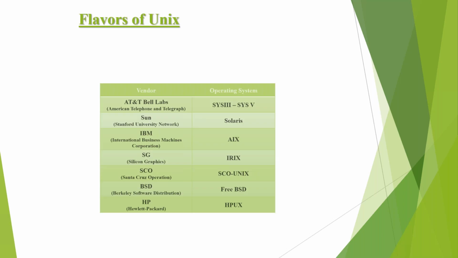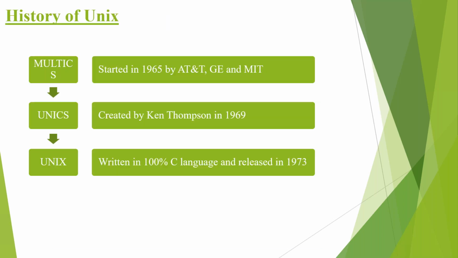Next, flavors of Unix. Using Unix source code, everyone released their own operating system. Linux also came from Unix source code. Not only Linux, not only Red Hat Linux, many organizations released their own operating systems using Unix source code, because Unix source code is open.